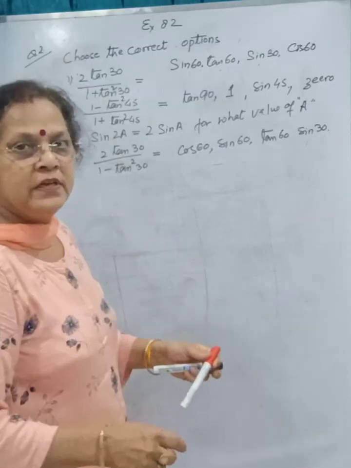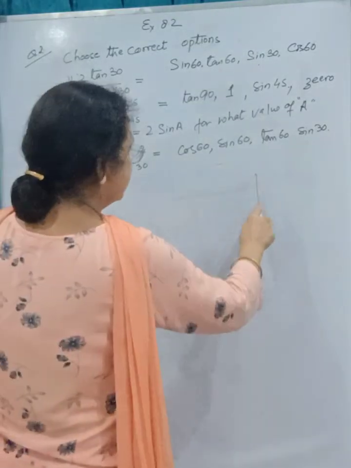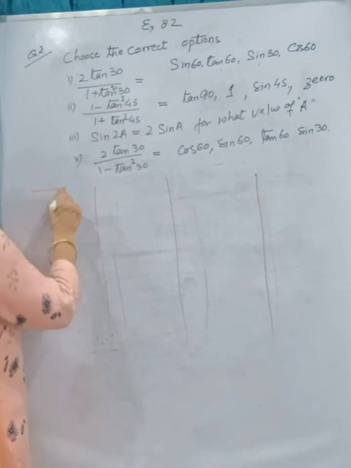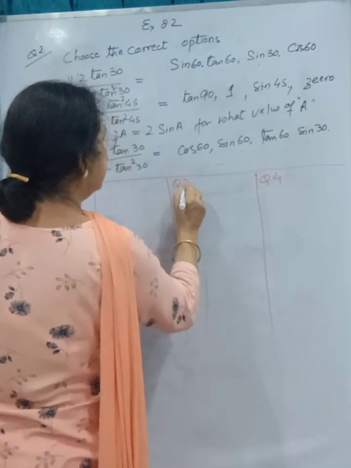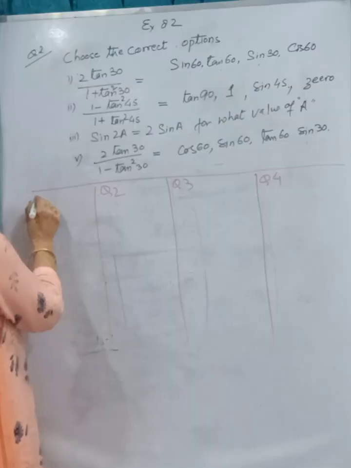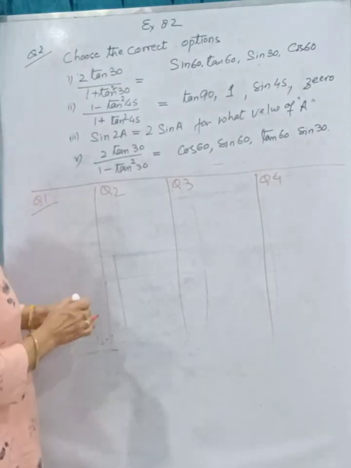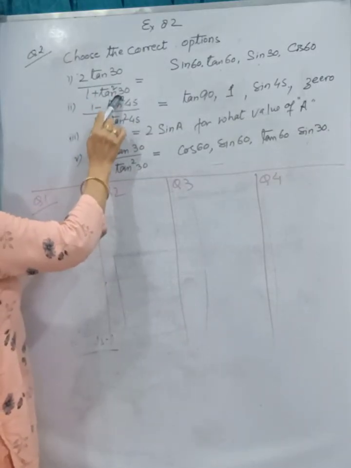We have to do these 4-in-1 questions. They are 1, 2, 3, 4. These are the 4 columns. The solution will be here for question number 4, for question number 3, for question number 2, and for question number 1. Okay? Let's see. 2 tan 30 upon 1 plus tan square 30 is equal to what?